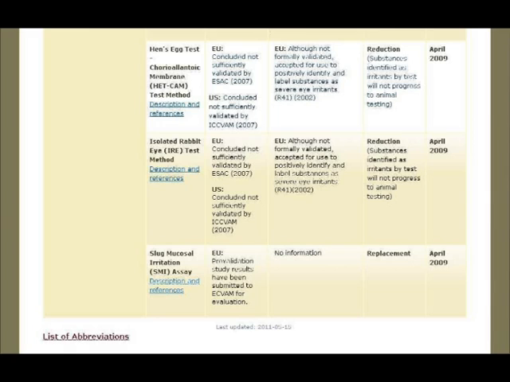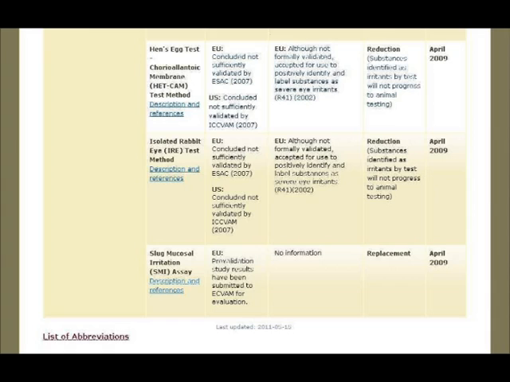This third slide shows 3 more alternative tests. The first one reads hen's egg test, and in the EU they have concluded that it's not sufficiently validated by the ESAC yet, and in the US concluded again that it's not sufficiently validated by the ICCVAM.